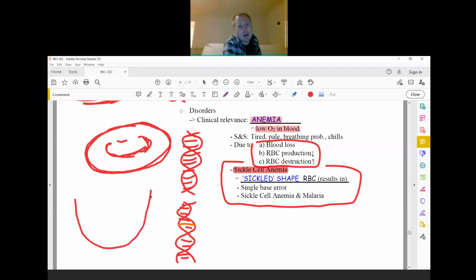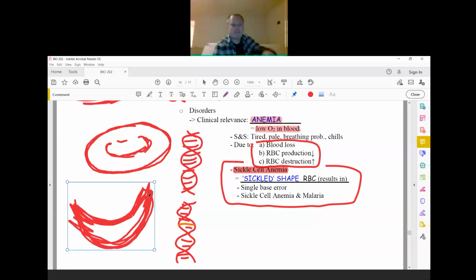These red blood cells look a little more like this. They're crescent moon shaped. So this difference in shape of sickled cells has a bunch of significant consequences.